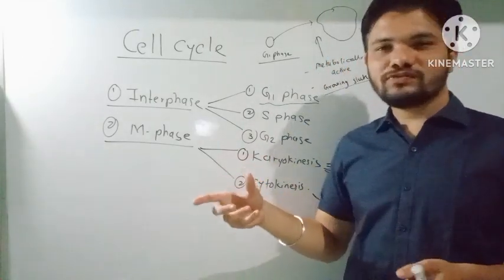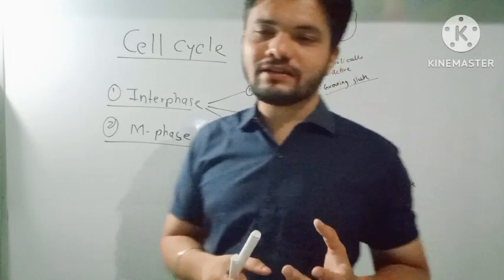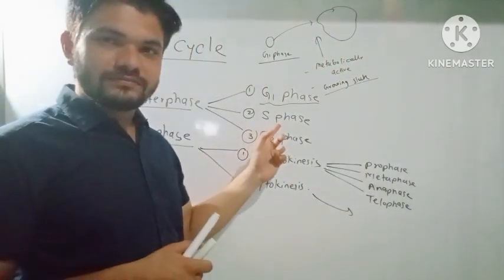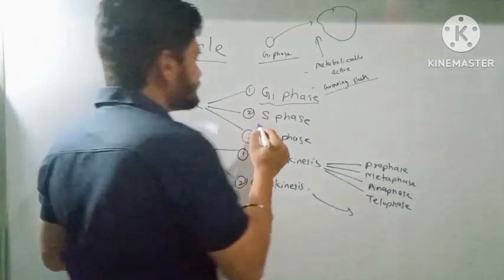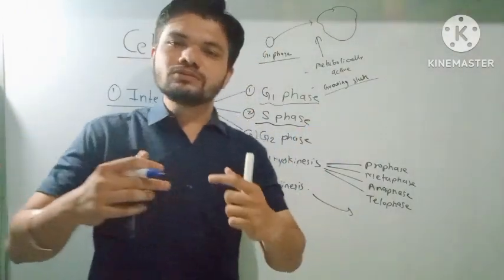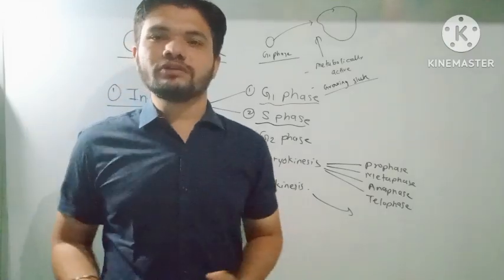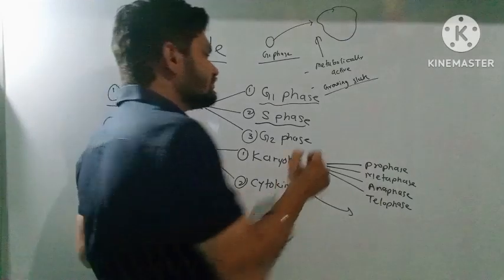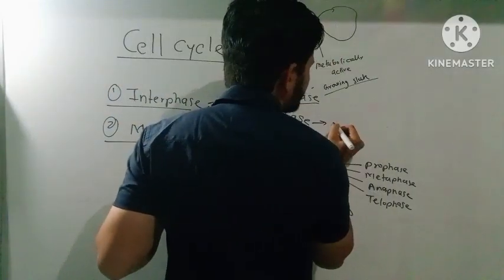So it's the first phase of the cell cycle. Then it enters into the S phase. So what is S phase? S for synthesis. So it is going to synthesize new DNA molecules. In this S phase, the cell will produce new DNA.